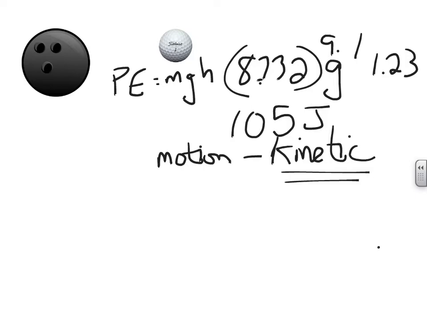Now here we're dealing with how fast it is and how big it is. So the kinetic energy formula turns out to be mv squared over 2. If we look at this energy, we will find that it is very similar to momentum. In a collision, the momentum didn't magically appear or disappear.